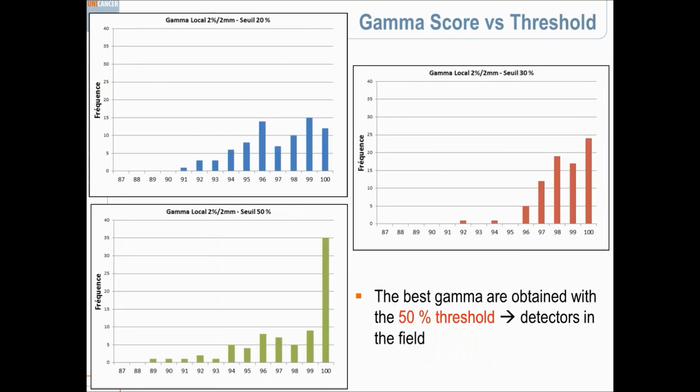This histogram represents the gamma score versus the different thresholds. So in blue, threshold of 20%, in red 30%, and in green 50%. We can see that the best gamma are obtained with the 50% threshold because detectors are in the field.